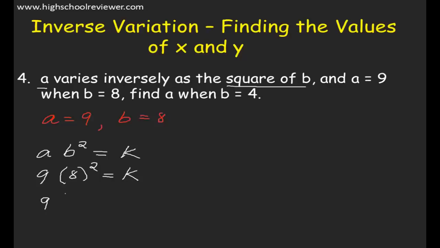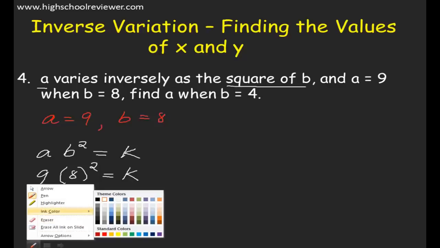So 9 times 8 raised to 2 is 64. So our k here will be equal to 9 times 64, that will give us 576. So k is equal to 576.